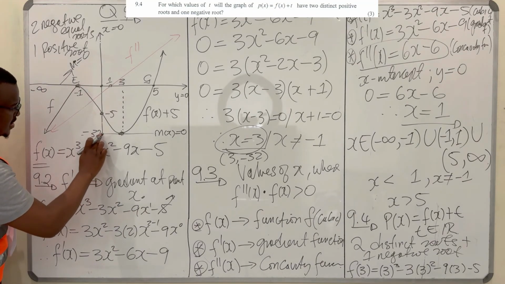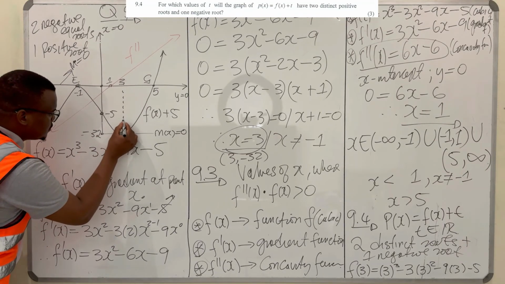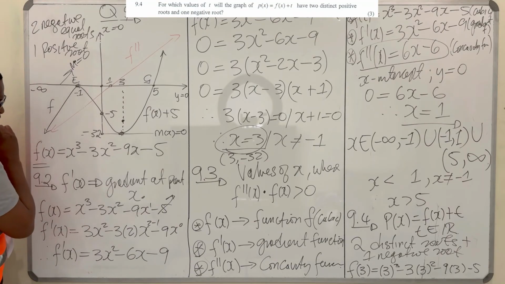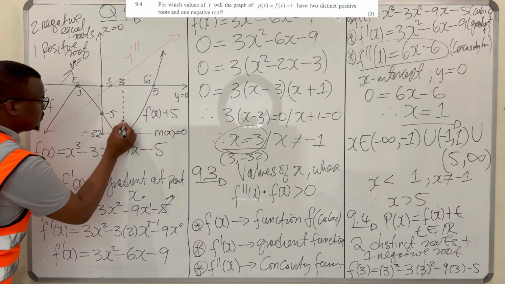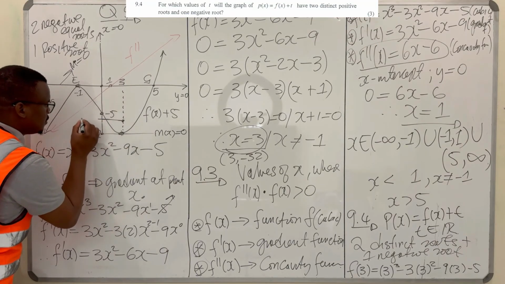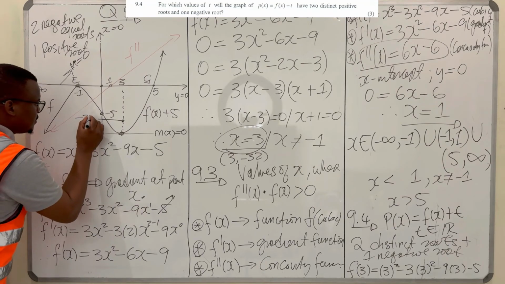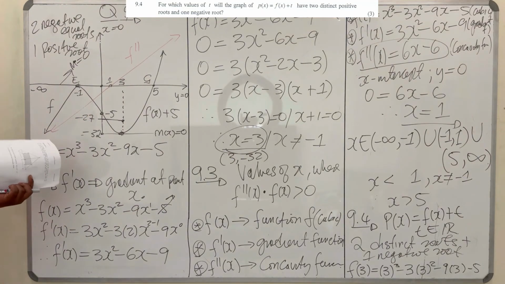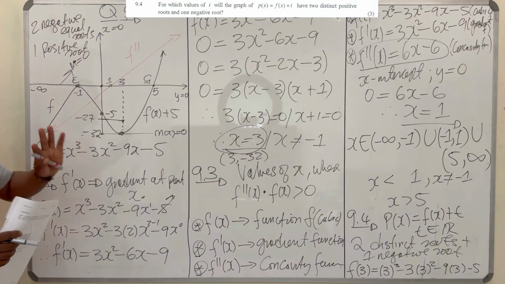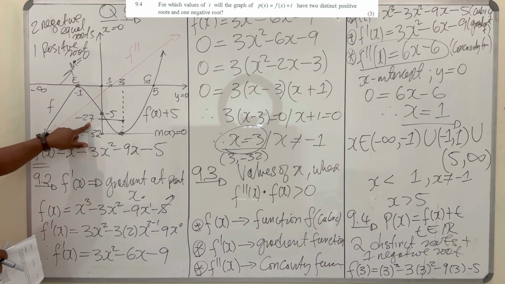And this point, minus 32, would be maybe at minus 28, if I'm not mistaken. Can you check it out? Say minus 32 plus 5. It's minus 27. So we're sitting here at minus 27.